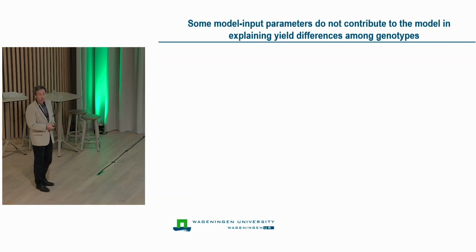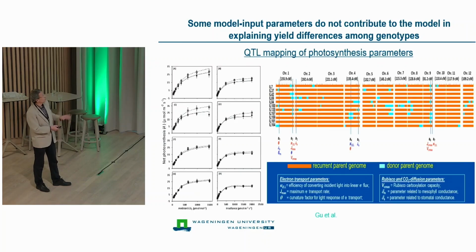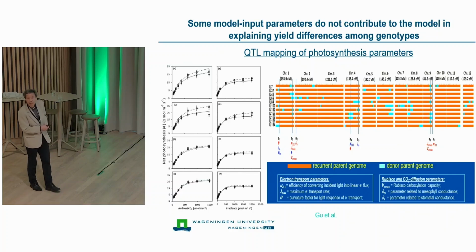So we could argue that probably some of the model input parameters do not contribute to the model in explaining the yield differences. I would like to show an example from the work done by Junfei Gu, a former PhD student, in mapping the underlying biochemical parameters that determine the genetic variation of photosynthesis among so-called introgression lines.